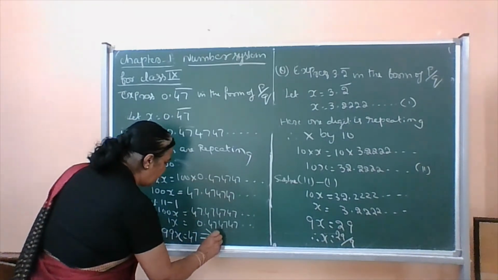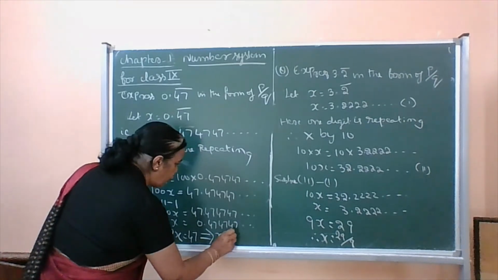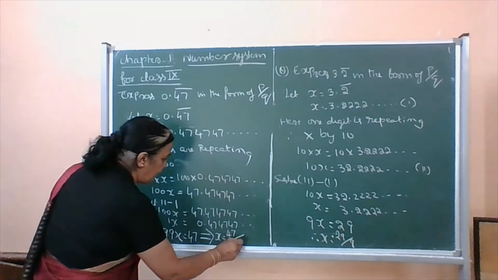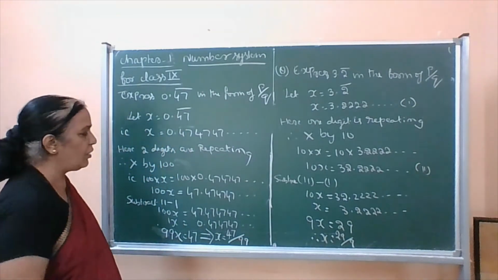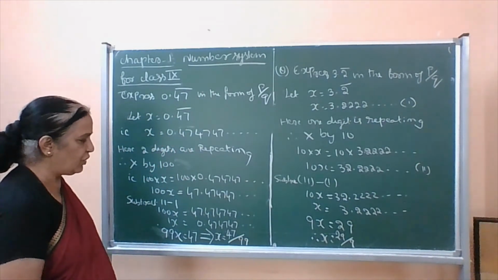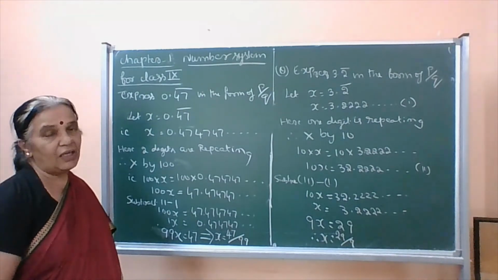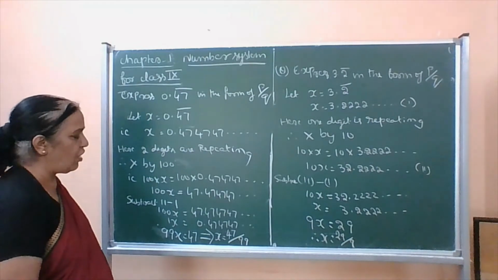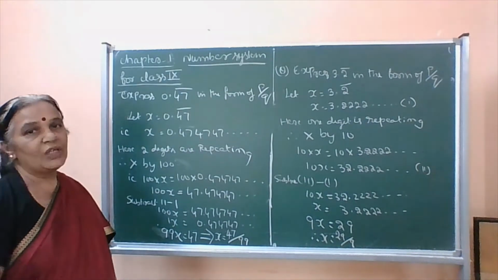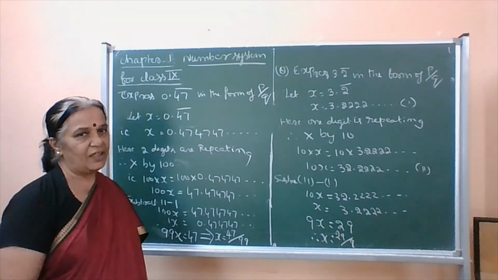That gives you x is equal to 47 divided by 99. And both are not having any common factor. Therefore, you have to leave it. If it is having common factor, you have to write it in the standard form.